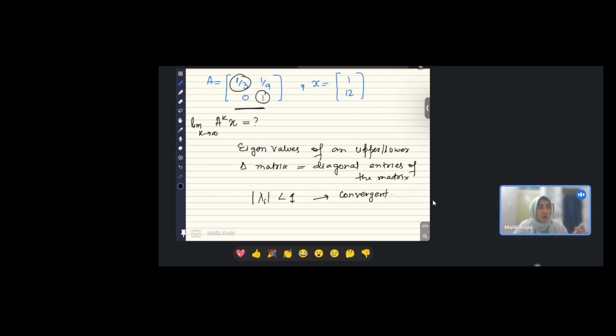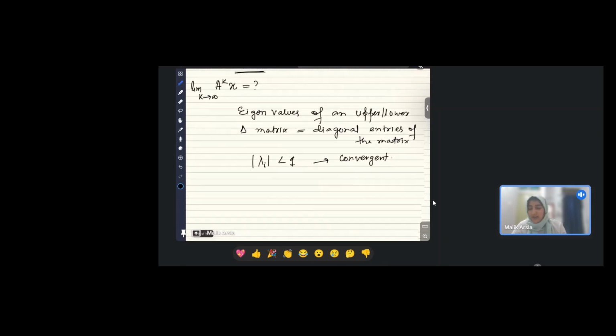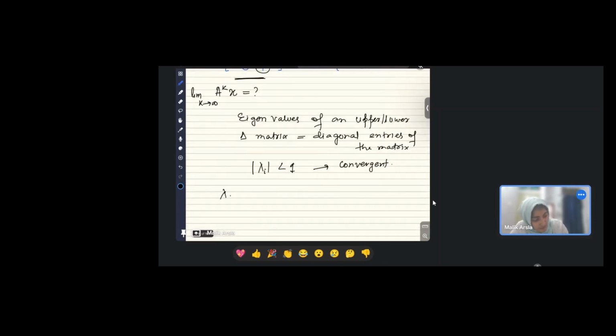So that is how we can find any power of A, and then we can multiply it with the vector x to check the behavior. Okay, so the first step for diagonalization, we know that we will first find the eigenvalues, and the eigenvalues are clearly given as 1/3 and 1.